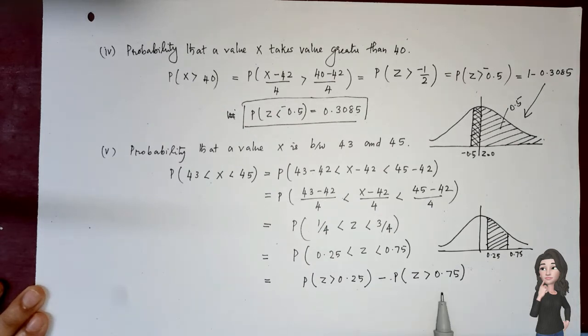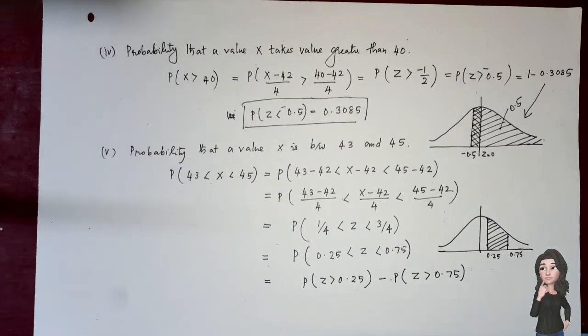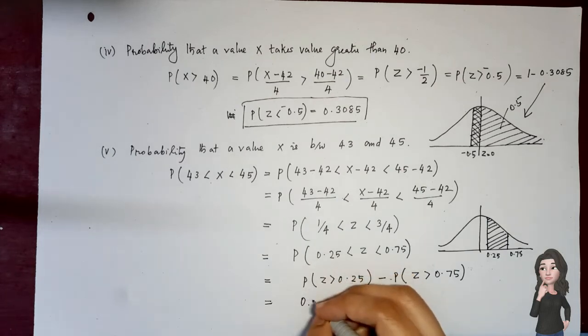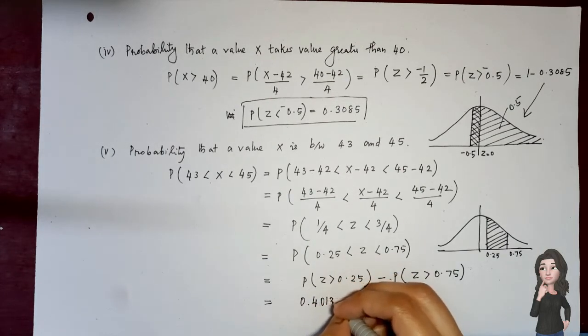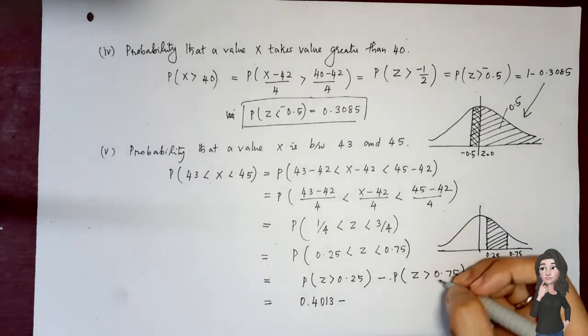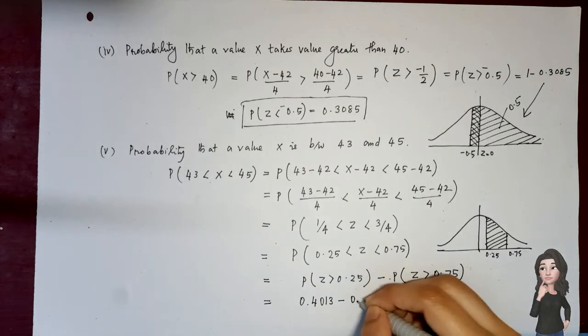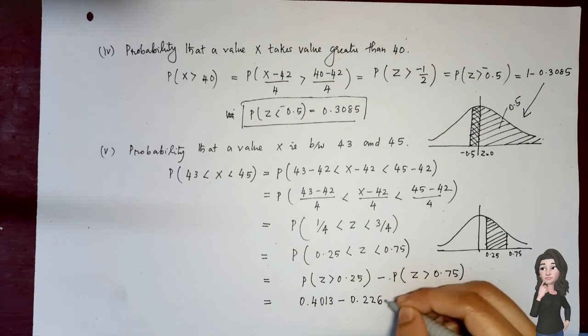And these values can be found from the standard normal table, which is equal to 0.4013 minus the probability of z greater than 0.75, which is equal to 0.2266.